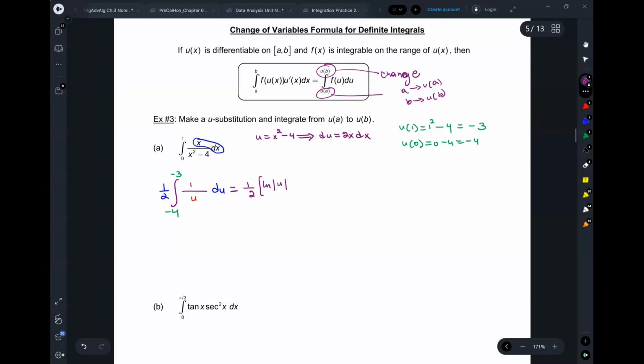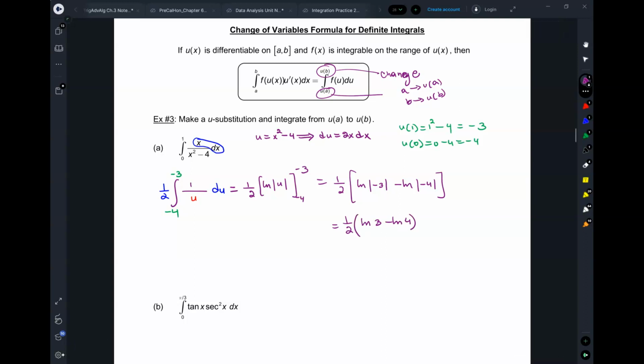That matters here. So this is half of ln of the absolute value of -3 minus ln of the absolute value of -4. Half of ln of 3 minus ln of 4. That's it. That's the end.